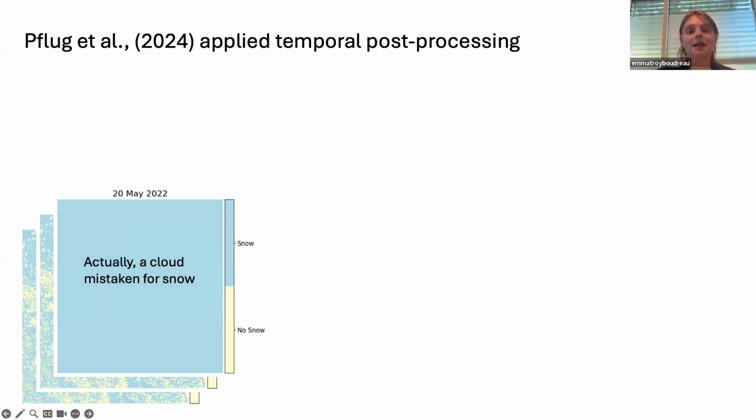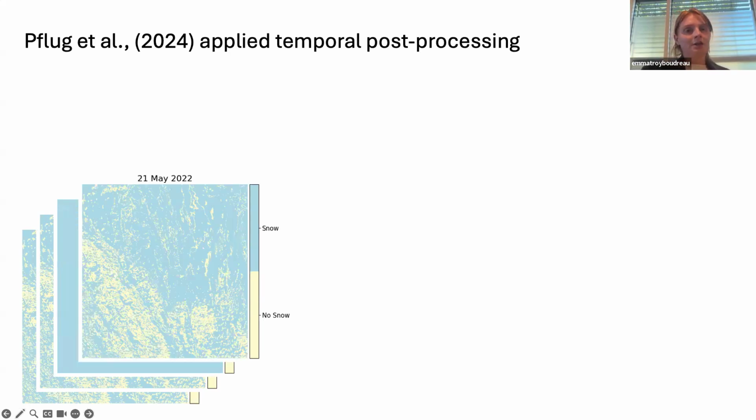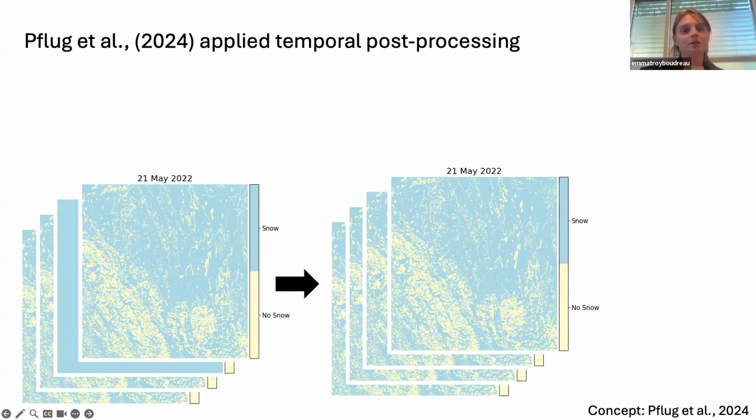May 20th is saying all snow everywhere, but it's not true. And you look at the imagery and it's actually a cloud that's mistaken for snow. And then the next day, May 21st, it looks normal again. So this post-processing will adjust that map that was either affected by a cloud or maybe saturation, and can correct those pixels.